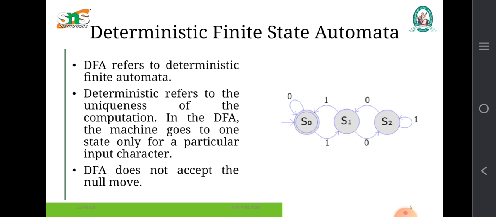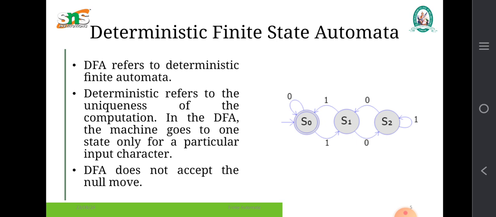So what do you mean by this? It will accept only one input and then it will go for transition. Here DFA does not accept the null move. So without any input, that is epsilon, it will not move to the next state. So deterministic finite state automata is nothing but, by getting an input, it will move to the next state and it will not accept any null characters.